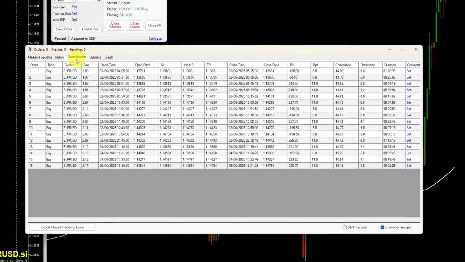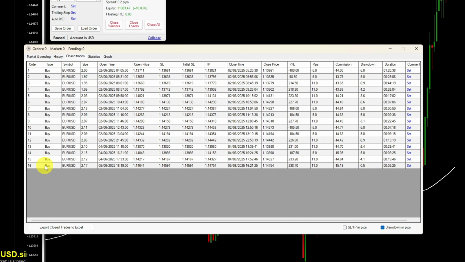Okay, the number of closed trades, we had 16 trades overall. We can look at the drawdown on each trade here. We can see we had our first two losses, minus 5 pips, and a few more losses here, -5, -5, -5. It looks like we only had 2 consecutive losses, but we had that several times.